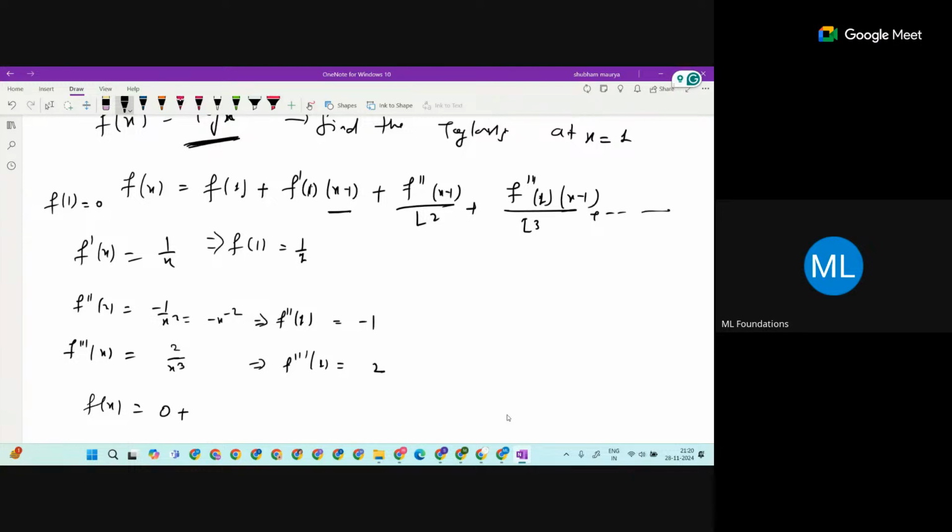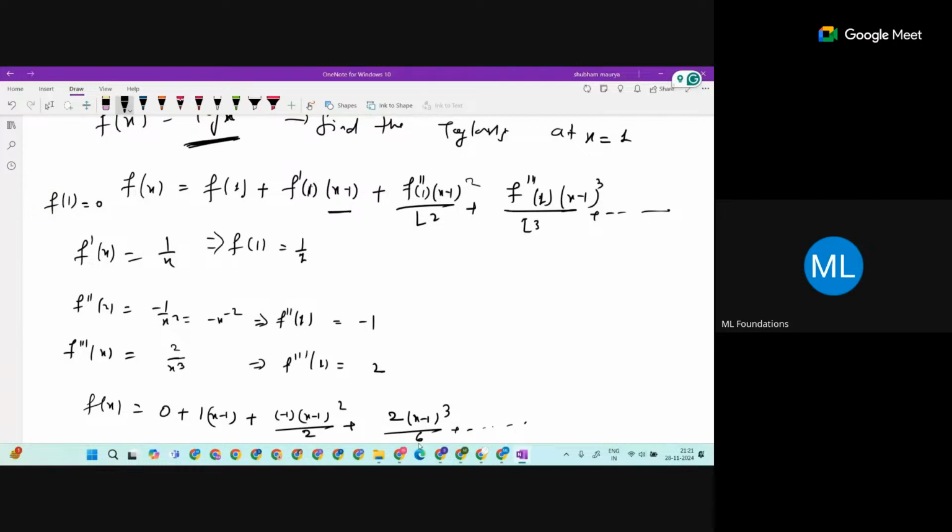So 0 plus the derivative value at 1, which is 1, times (x minus 1), plus the double derivative at 1, which is minus 1, times (x minus 1) squared upon factorial 2, which is just 2. Then the triple derivative at 1 is 2, times (x minus 1) cubed upon factorial 3, which is 6.